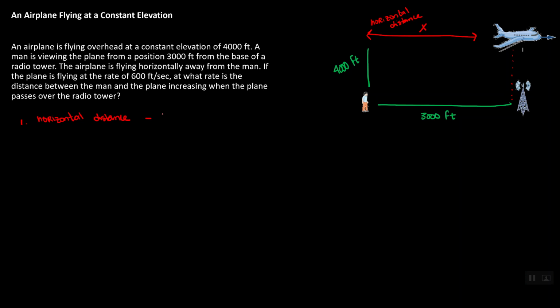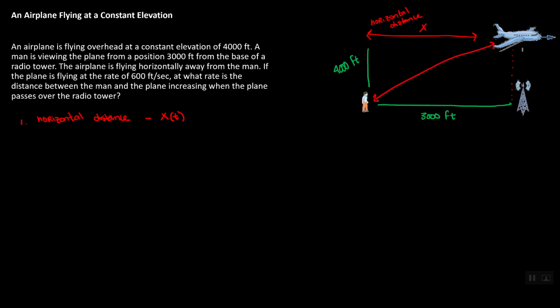We're going to represent that using x, and that horizontal distance changes with respect to time, so I'm going to call it x of t. There's another distance between the man and the plane, and that's the diagonal distance. And as we watch the plane fly overhead, the diagonal distance between the man and the plane is changing.